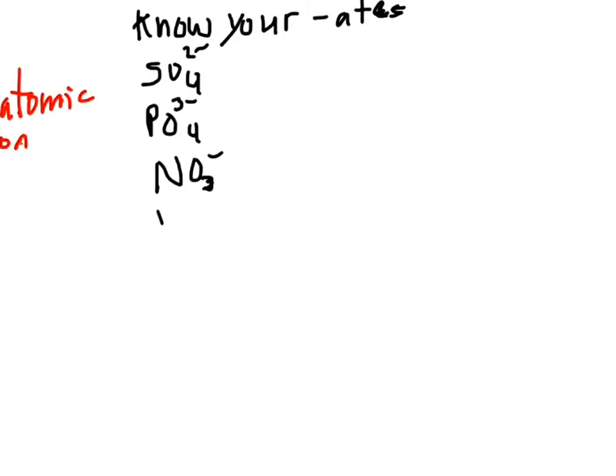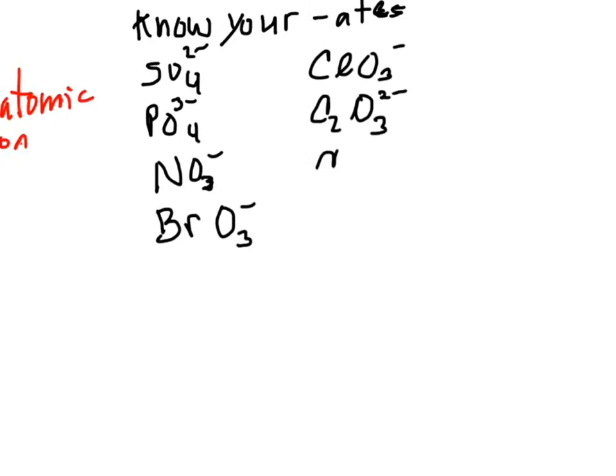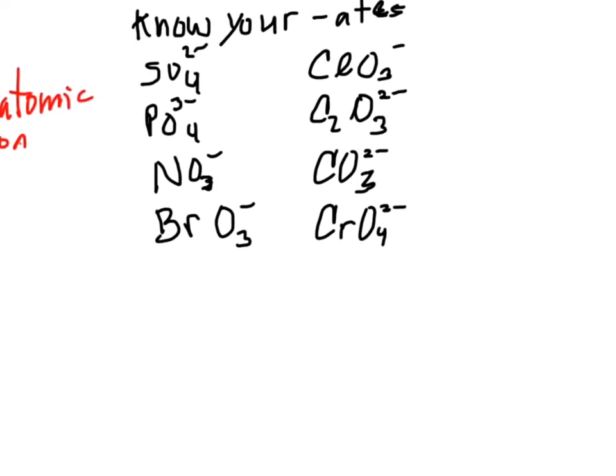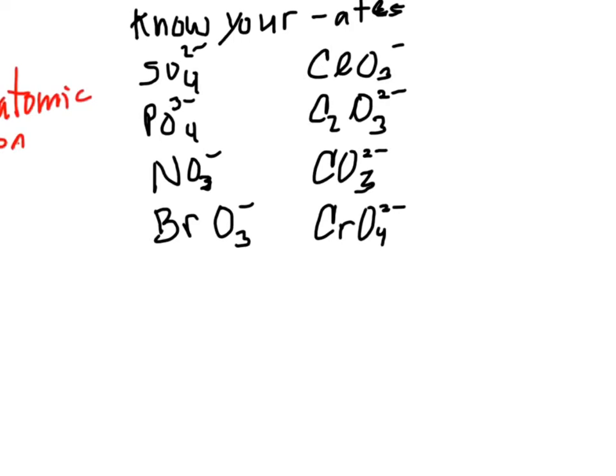One of the keys is you have to know your -ates, and I'm listing them out here: sulfate, phosphate, nitrate, bromate, ClO3 is your chlorate, oxalate, carbonate, and chromate. You should recognize these symbols and also recognize the charge that's typically associated with them. You'll see why this is useful as I go on to the next step.